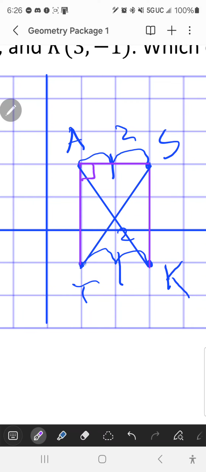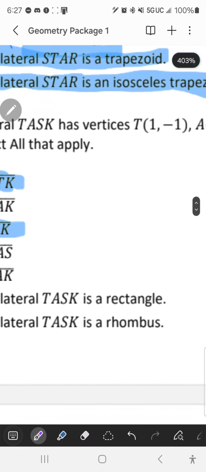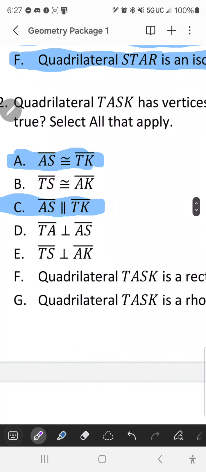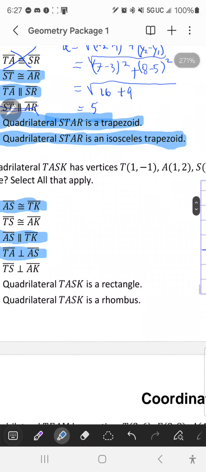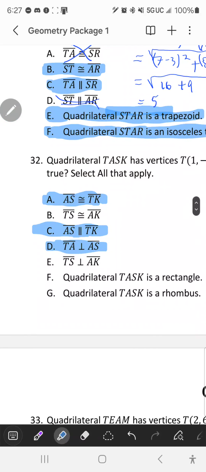We can also say these are perpendicular, since TA and KS are both in the vertical direction, and AS and TK are both in the horizontal direction. So TA is perpendicular to AS, and now TS and AK.